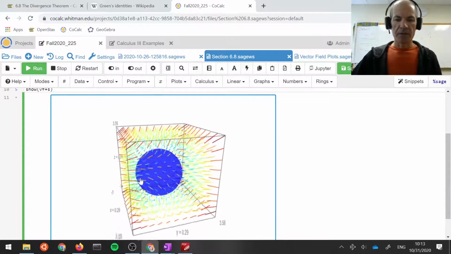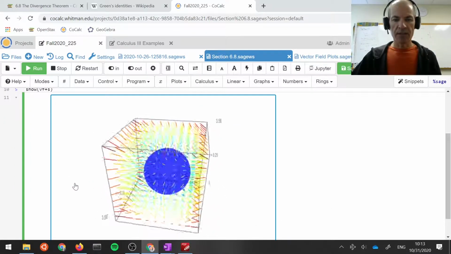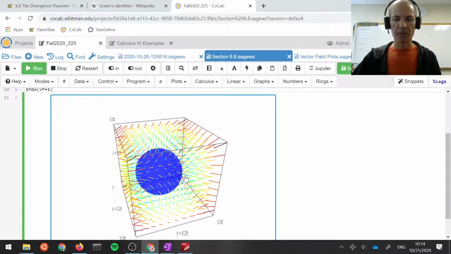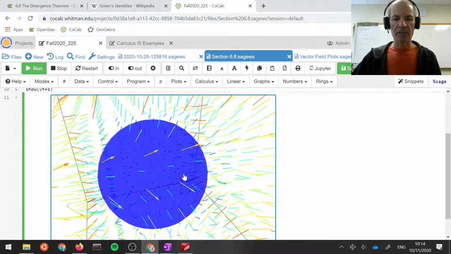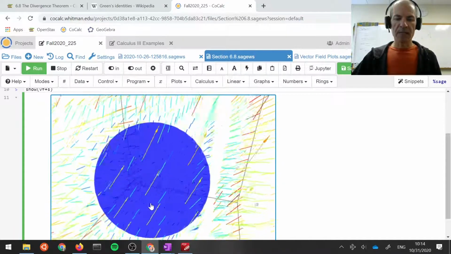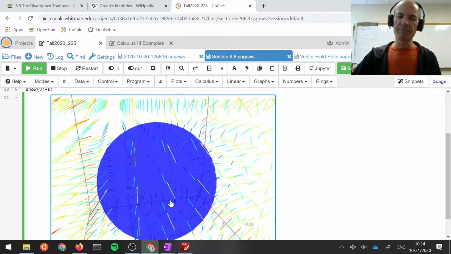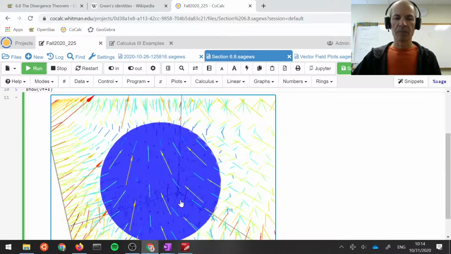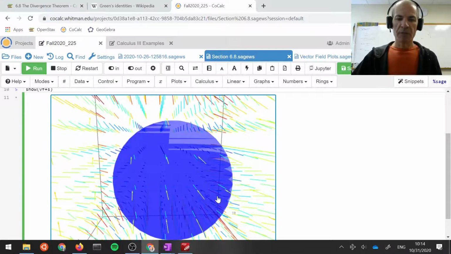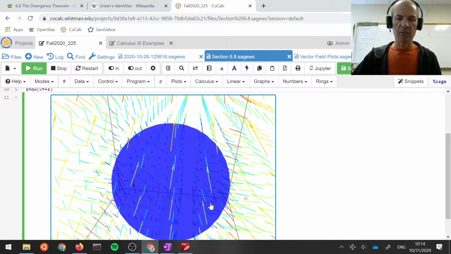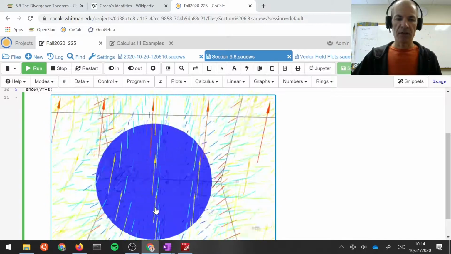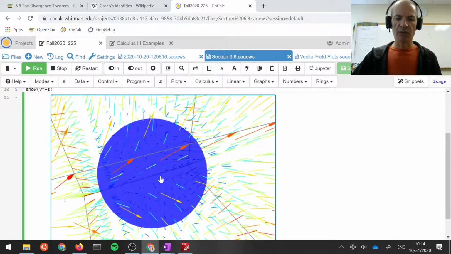Okay, so here's the situation. It's hard to really see what's happening unless we zoom in. If we zoom in, we'll begin to see the arrowheads on the vector fields here. Now, we were kind of taken aback by the fact that the net flow is 0. But if you look closely at this, you see for every vector flowing in across the surface, if you go around the other side, there are vectors flowing out.